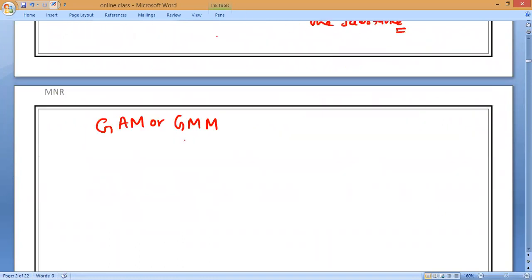So gram atomic mass or gram molecular mass of any substance is equal to Avogadro number. Is it right or wrong? I want the answer from you all. Is it true or not? Yes.